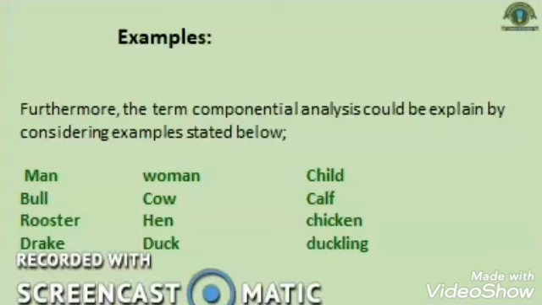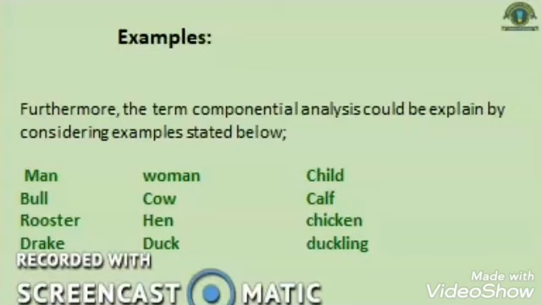By examining the meaning of those words, we can set up the following proportional equations: man, woman, child, then bull, cow and calf. From the semantic point of view, this equation displays the fact that the words man, woman and child on one hand, and bull, cow and calf on the other hand, share something in common.